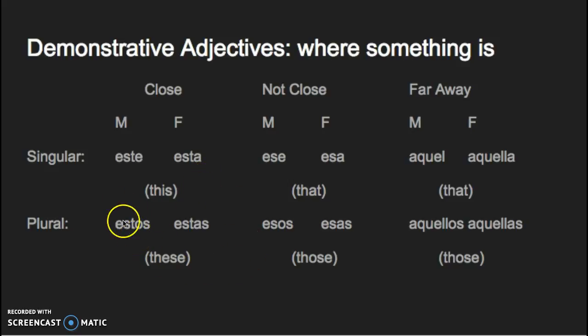Plural would be estos and estas. Something not as close, ese, esa, esos, and esas. For something even further away, aquel, aquella, aquellos, and aquellas.